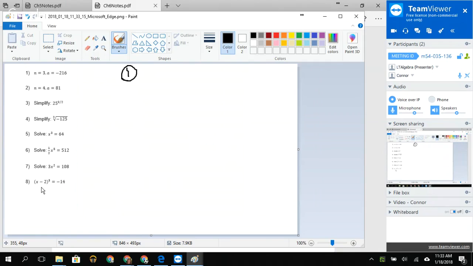Okay, so we have our root is 3. So we're taking the cube root of negative 216. If we wanted to evaluate that, there's a couple ways we can do it. The easiest way, honestly, is that we are going to use our calculator. So in your calculator, pull up Desmos.